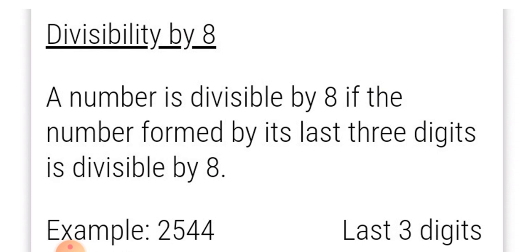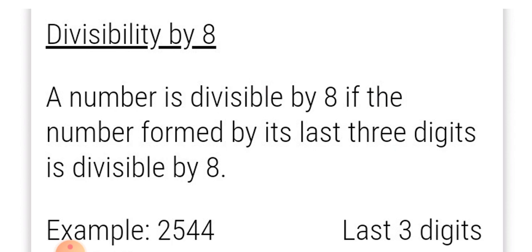Just before, we learned the divisibility of 4, isn't it? What was that? If the last two digits of a number are divisible by 4, then that number will be divisible by 4, isn't it?